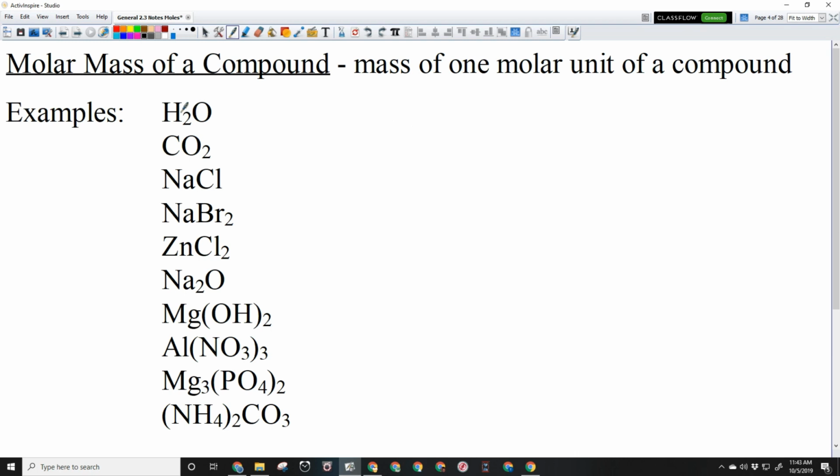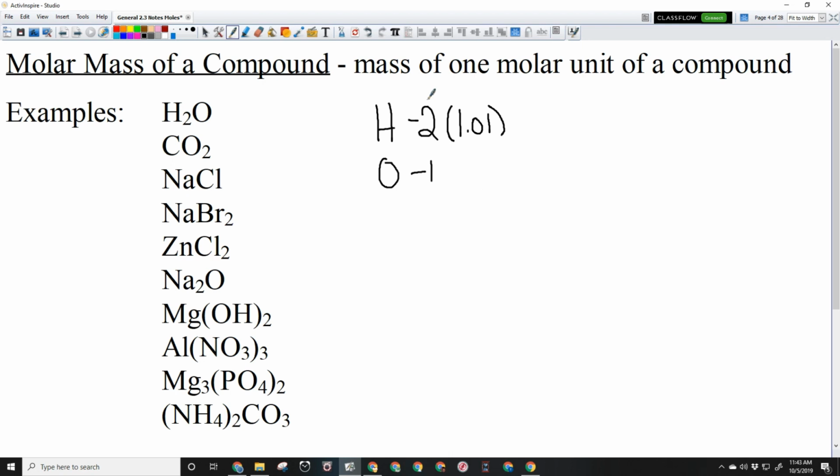So again, going back to the counting, if we had H2O, remember we have 2 hydrogens and 1 oxygen. So now, what is the molar mass of hydrogen? Well, if you look on your periodic table, you're going to see that it's 1.01.